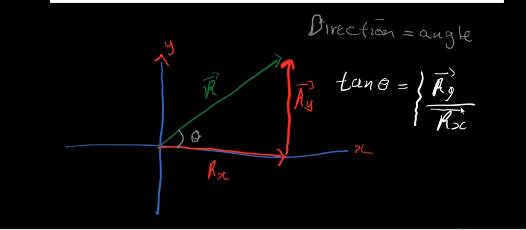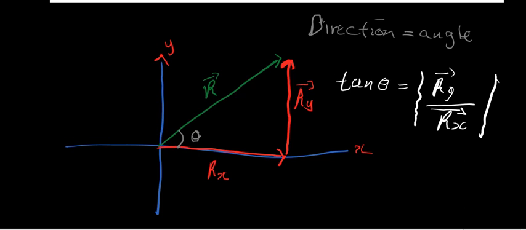We take the absolute value because there are cases where y is negative, or maybe x is negative. So to find the angle theta, you simply say tan theta is equal to the vector component in the y-axis over the vector component in the x-axis.